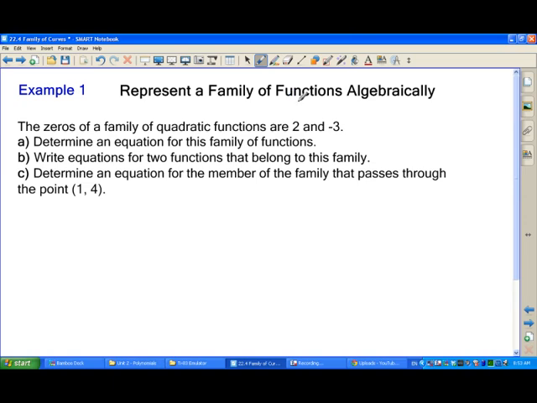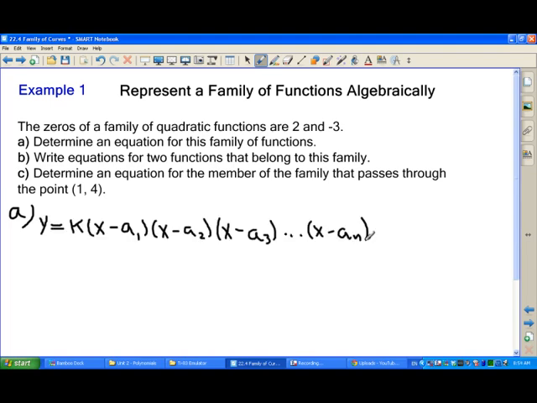So I'd like to represent a family of functions algebraically. I know the zeros of this family of quadratic functions are 2 and 3. I'd like to determine an equation for this family of functions. The general form for a family of polynomials, as we saw on the last slide, is this.